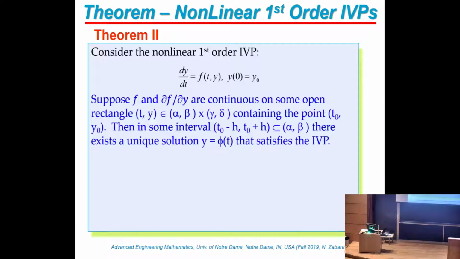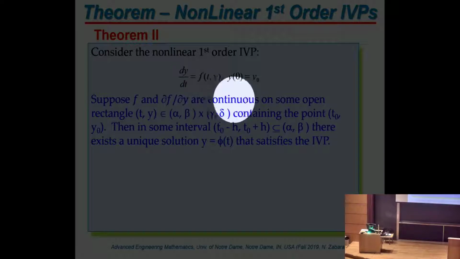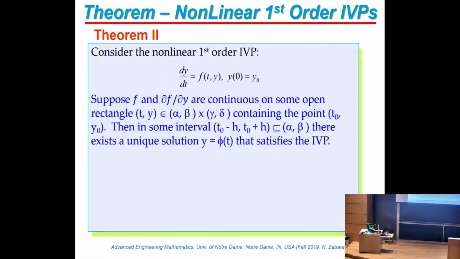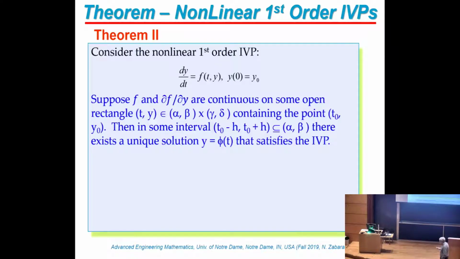So the big difference from the linear problem is this major requirement that says the derivative of f with respect to y has to be continuous in some interval, in y and t, which is this interval here. So not only f has to be continuous, but the derivative of f with respect to y has to be continuous.